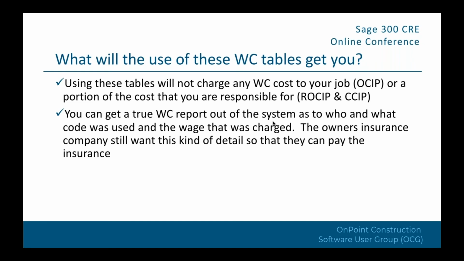So you would still get your full range of workers' comp reports out of this, but they would have the 99, the 98, the 97, and it would still have the description. So you just have to print that out and send them that, and not have to do any added work.